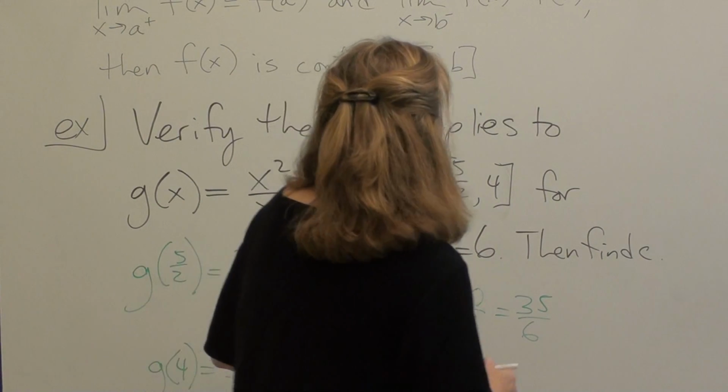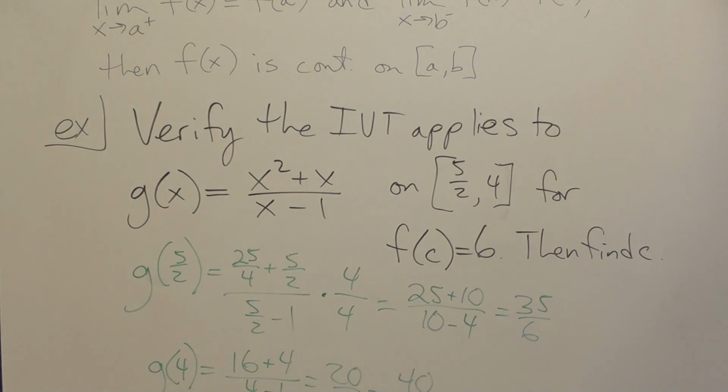Okay, so what we've said then is g of x is continuous on 5/2 to 4, check. 35/6 is less than or equal to 6, which is less than or equal to 40/6, check. Check, check. Therefore, IVT applies.